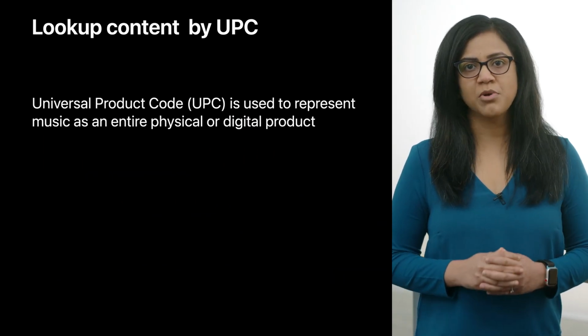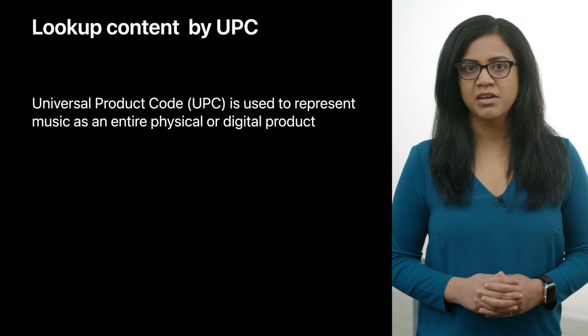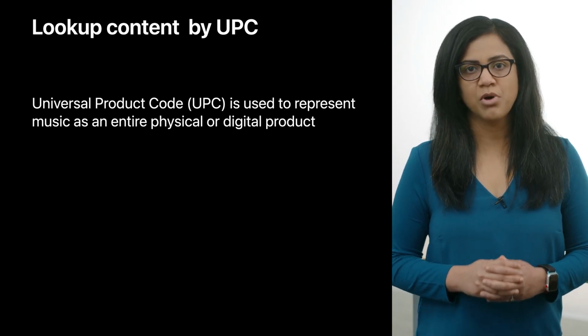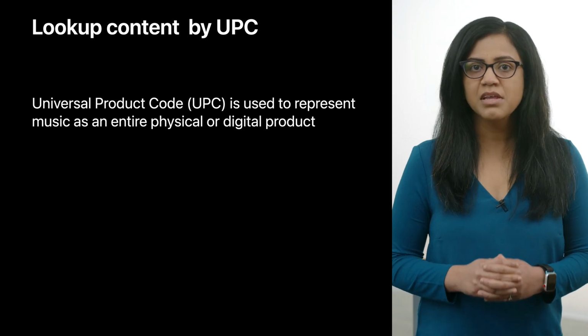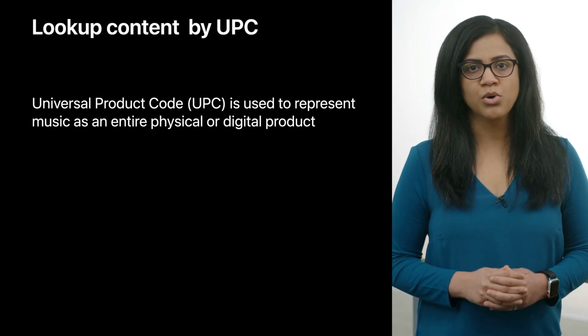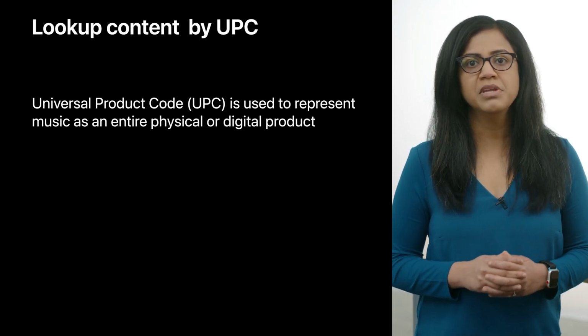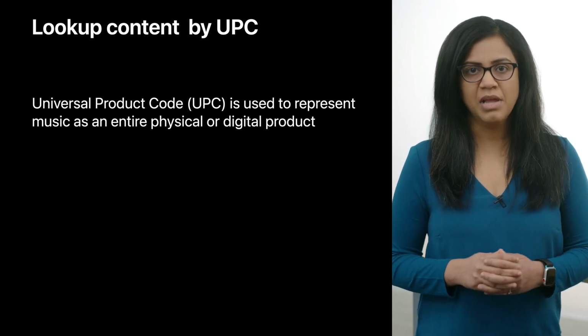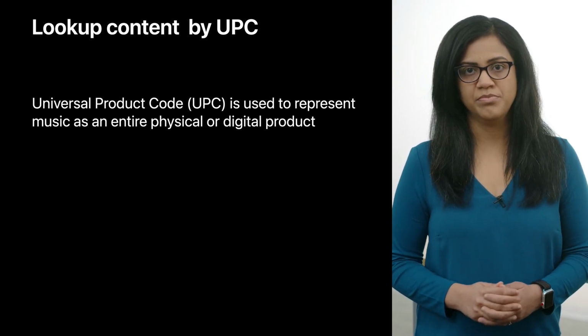UPC, or Universal Product Code, is an identifier that is used to represent music as an entire physical or digital product. It is typically represented by a barcode with a unique 12-digit number beneath it. We have added the ability to look up an album by its UPC code.